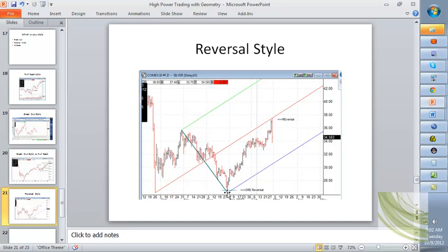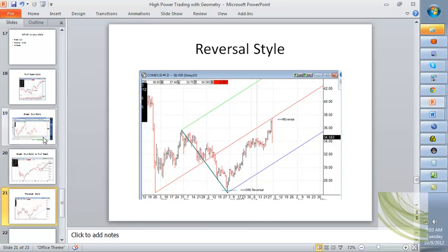After you have this major pivot, you can then look for an entry. And what'll happen is you'll often have your reversal indicators from Andrews at these major pivots. Okay, here's a major pivot, here's a major pivot. These are all daily bars.